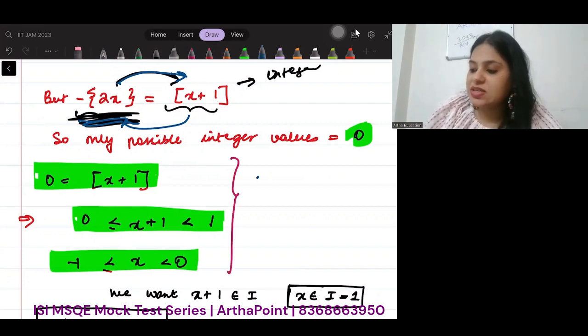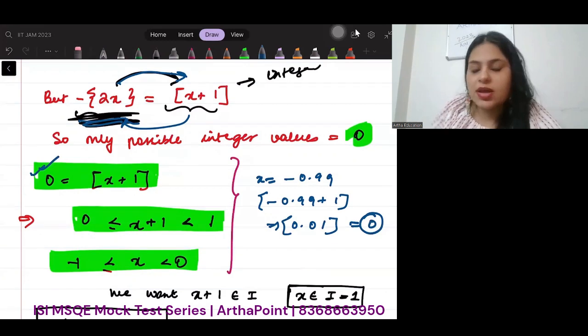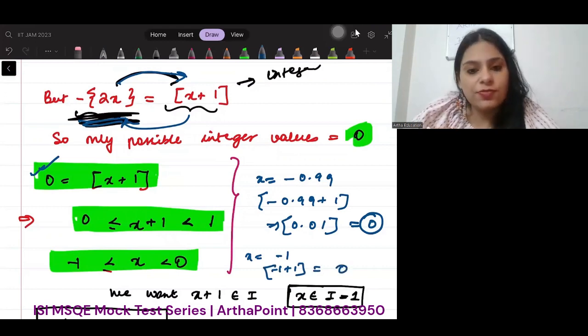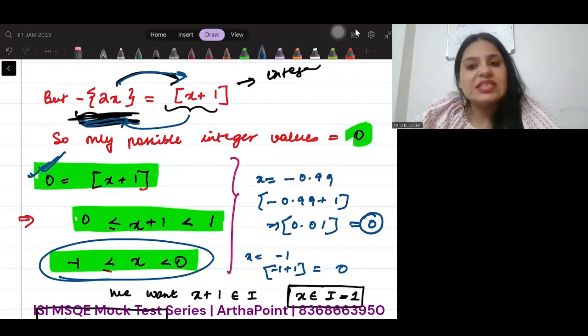If my x is minus 0.99, then minus 0.99 plus 1 will be 0.01, so its greatest integer will be 0. If my x is minus 1, then minus 1 plus 1 will also be 0. So you put anything in x between minus 1 and 0, you will get the answer as 0.